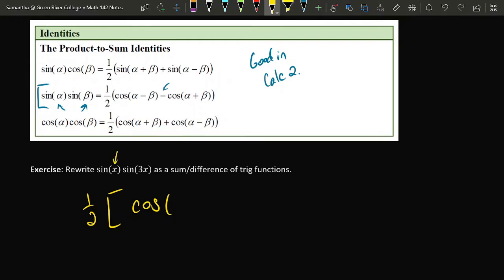The first angle in my first sine is x. The second angle in my second sine is 3x. Then take away cosine. This time add your two angles together. So the angle in one sine is equal to x and the angle in the other sine is 3x.